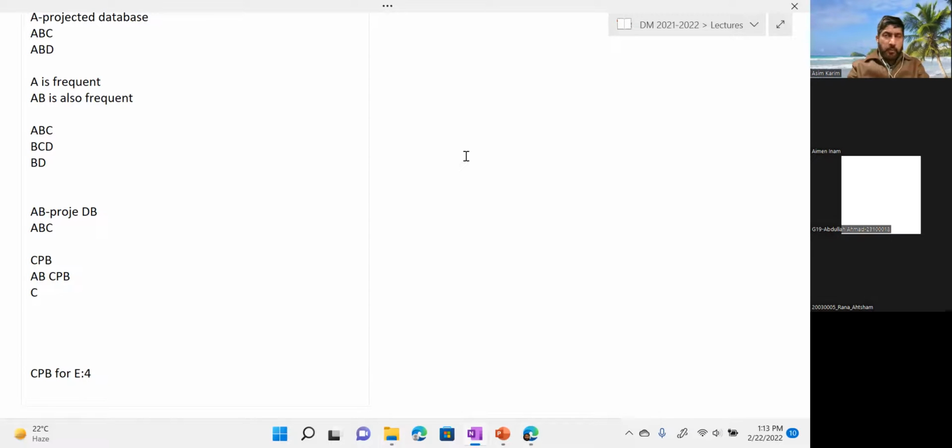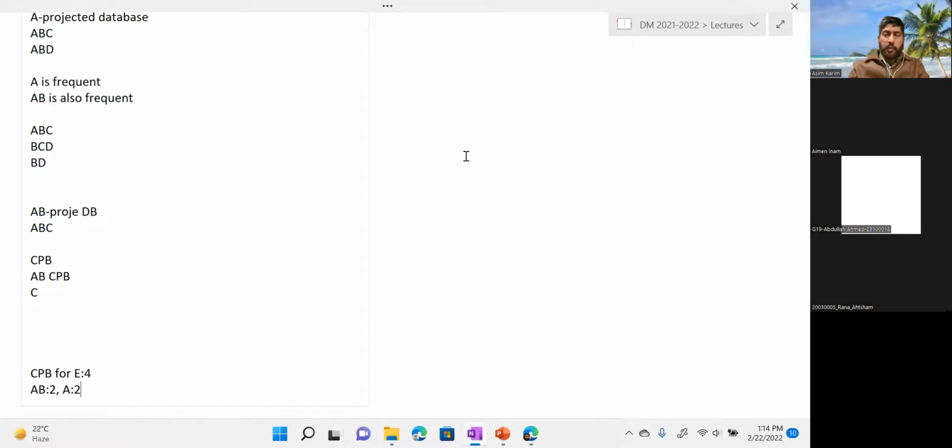So let's say the conditional pattern base for E is equal to 4 is, let's say, AB is equal to, let's say, 2. And let's say, which means that A, B, D is 2. And let's say A is, let's say, 2 also, that will make it 4. E के साथ है. ठीक है.